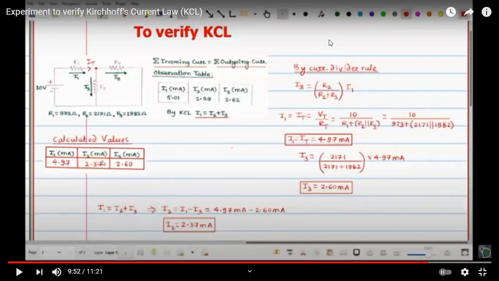Now let us move on to KVL, Kirchhoff's voltage law.